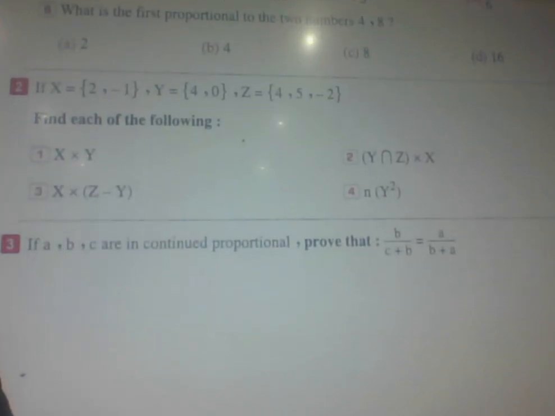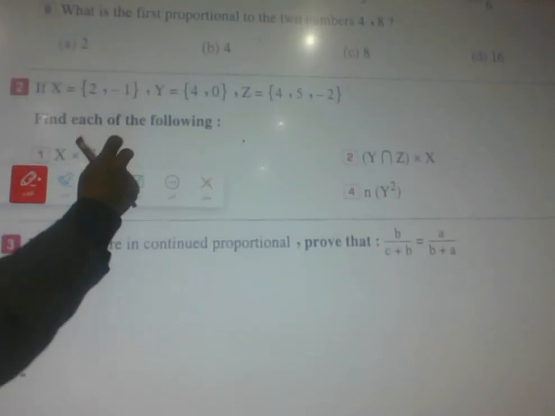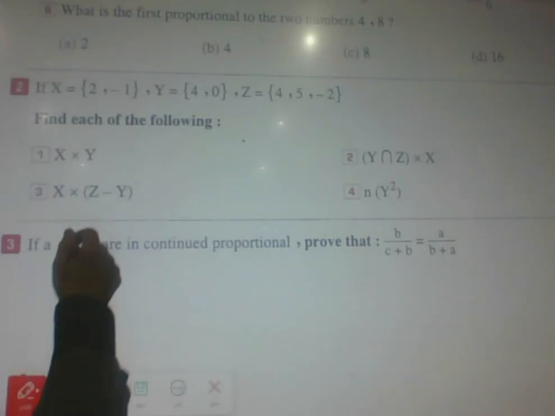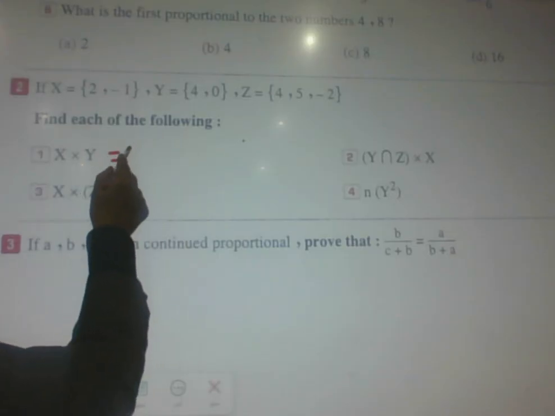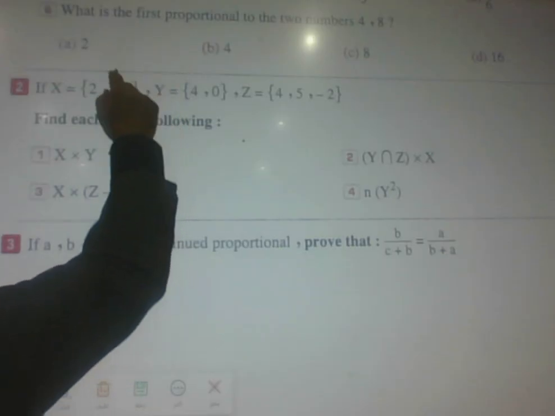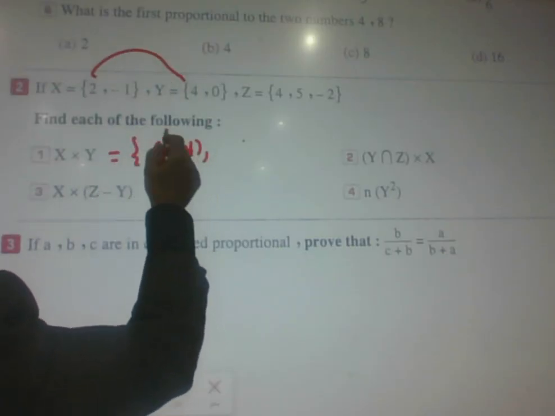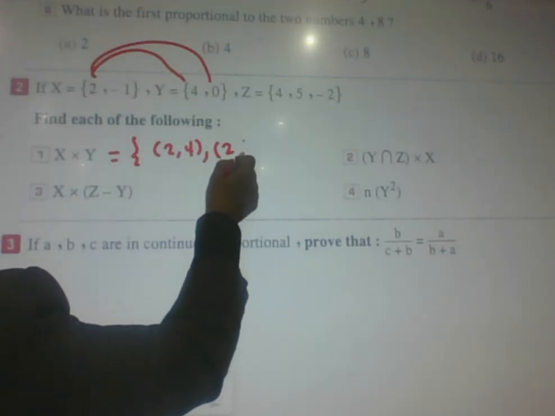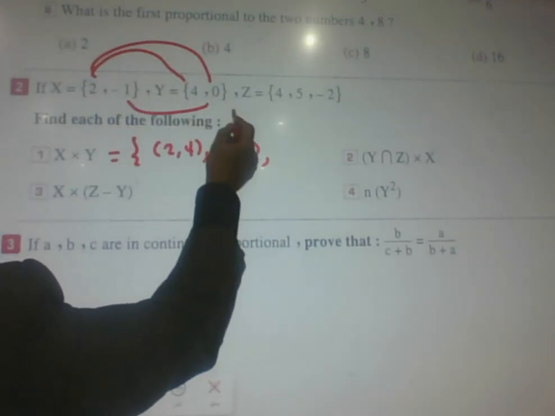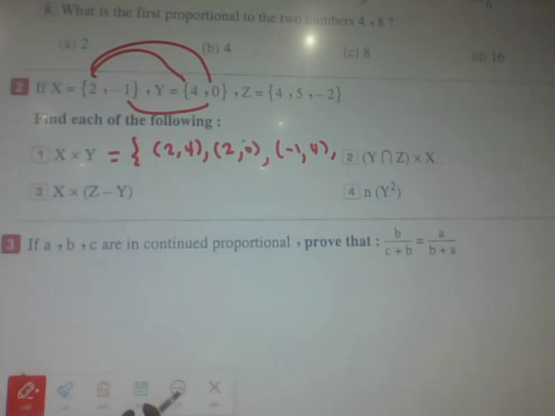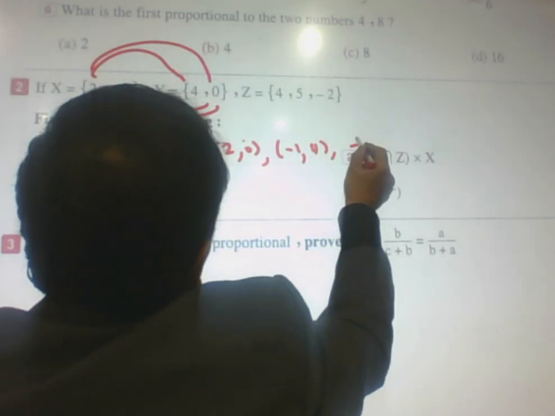Next question down, number 2. If x equals the set of 2 and negative 1, y equals 4 and 0, and z equals 4, 5, negative 2, find each of the following. x Cartesian product y. We can write the ordered pairs here: (2, 4) is the first, second (2, 0), third (negative 1, 4), and the fourth (negative 1, 0).